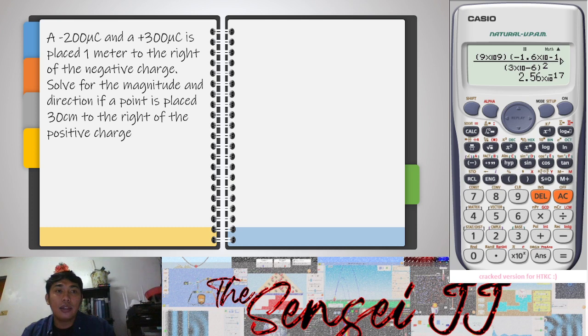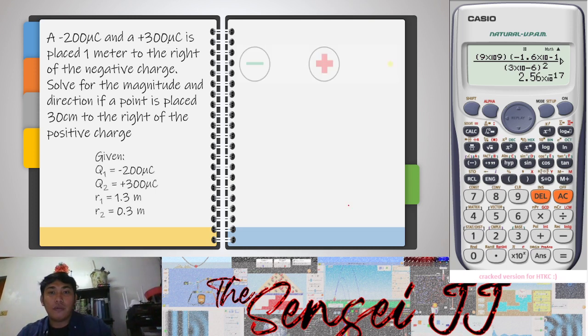Okay, so a negative 200 microcoulomb charge and a positive 300 microcoulomb charge is placed 1 meter to the right of the negative charge. Solve for the magnitude and direction of a point if a point is placed 30 centimeters to the right of the positive charge.